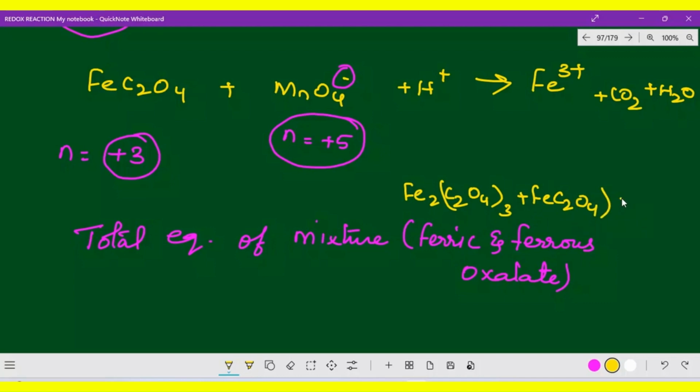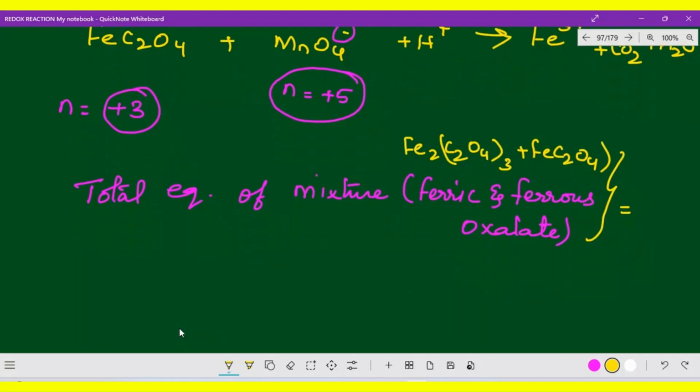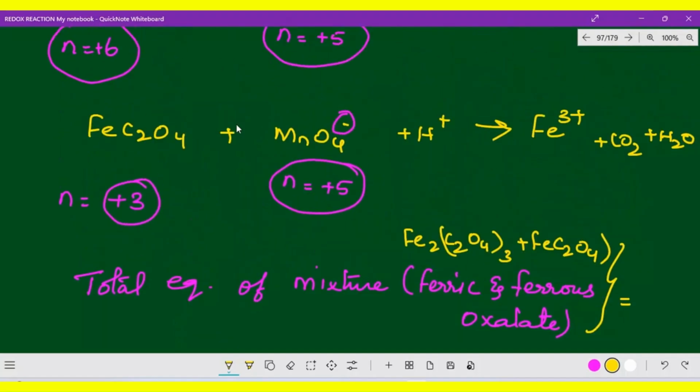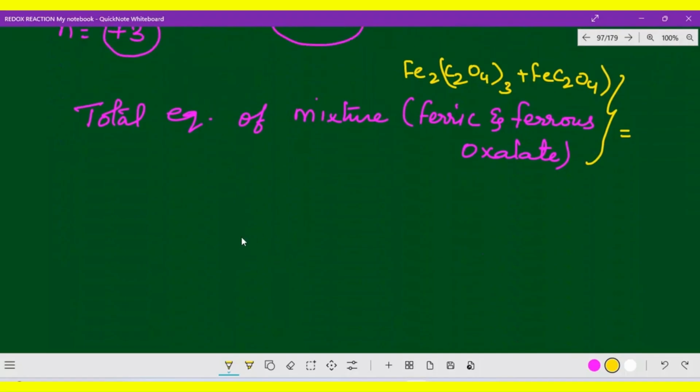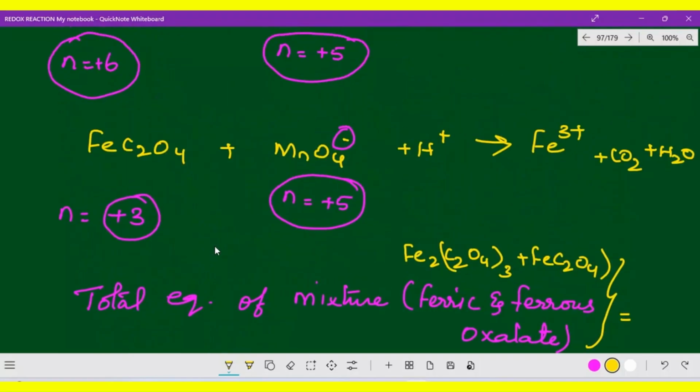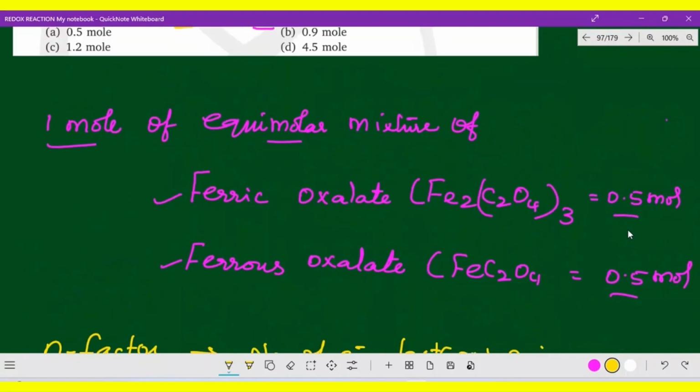So both together will be equal to equivalent of KMnO4. Okay, so that is what both we have checked, right? So equivalent of KMnO4 equal to equivalent of KMnO4.